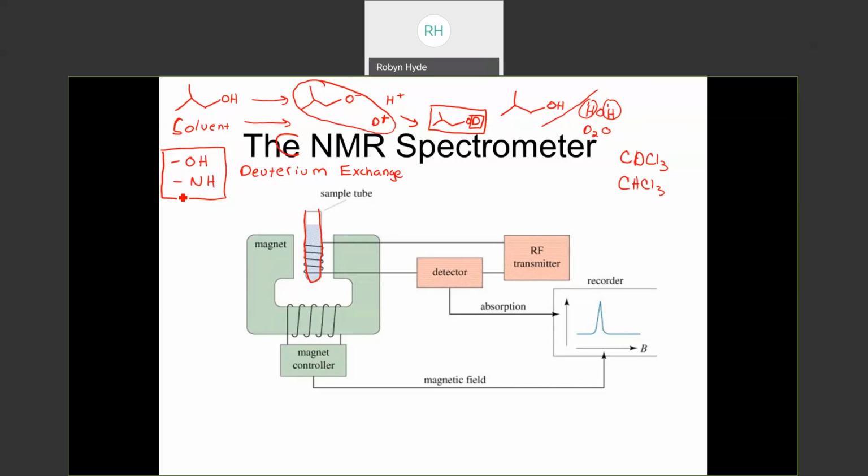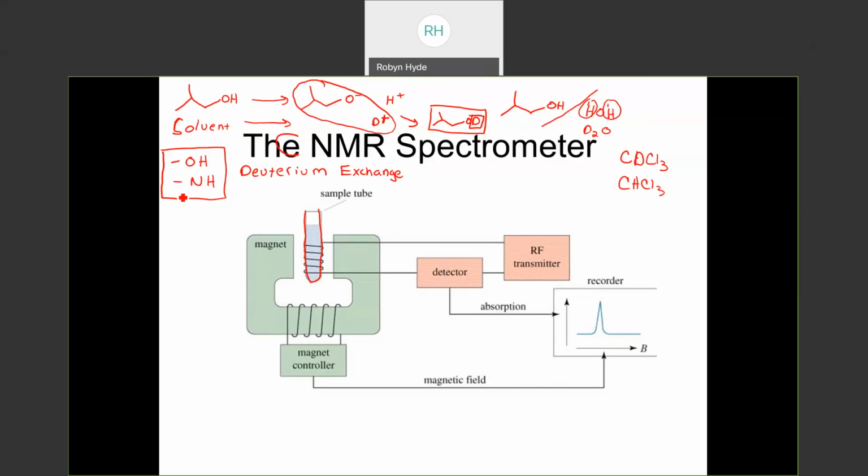In terms of instrument design, it has been found that it is less difficult to shoot one frequency of radio waves, but then go one magnetic strength at a time, because both frequency and magnet strength are in that delta E equation, so we can change either of them.